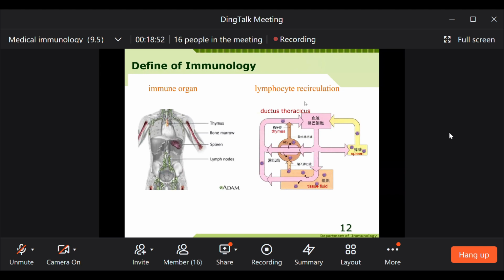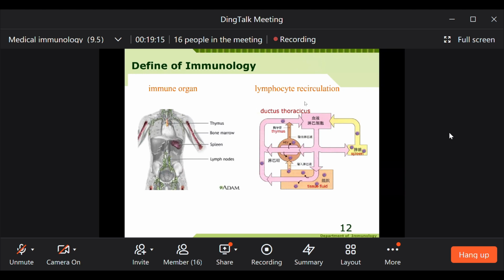And within the lymphatic vessels, the lymphatic fluid flows like water, like the blood, in these vessels.